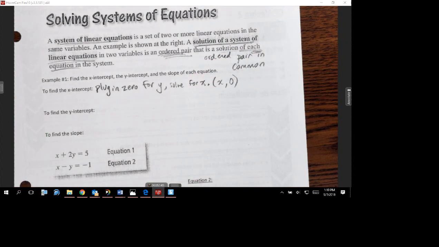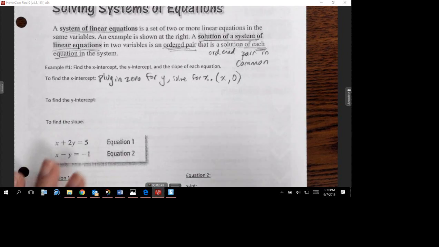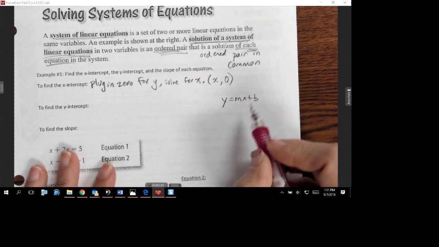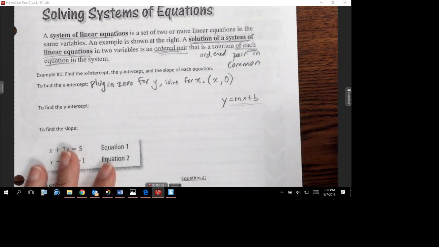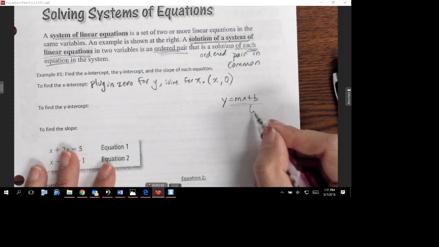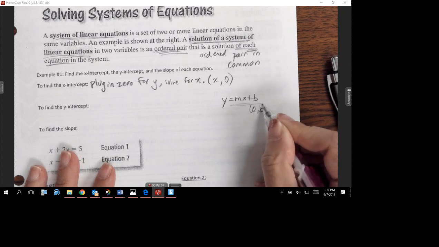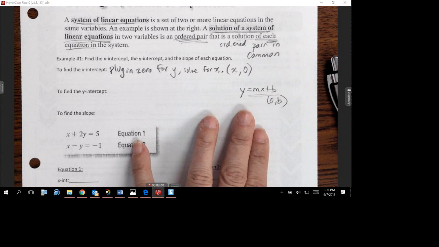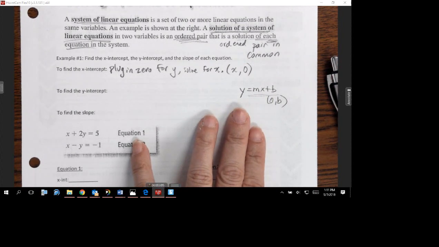Now to find the y-intercept, if it is in the form of y equals mx plus b, what would be our y-intercept? It would be the b, so we do 0, b. But if it's not in that form, there is another way of finding the y-intercept, and not everything in here is going to be y equals mx plus b.